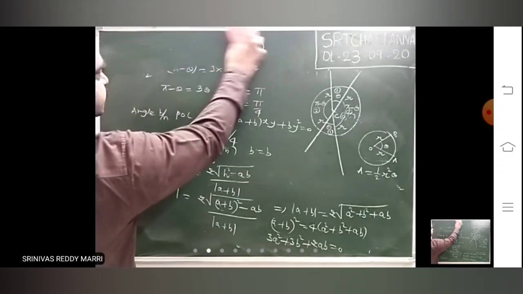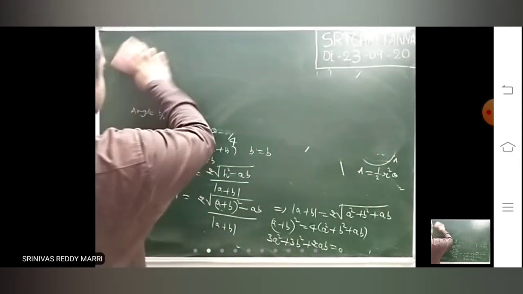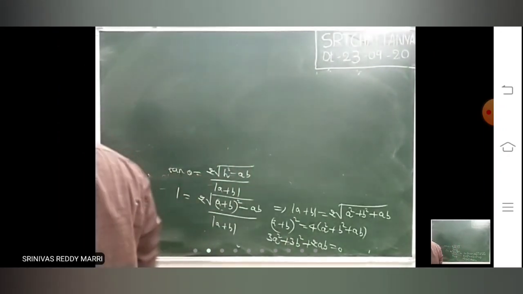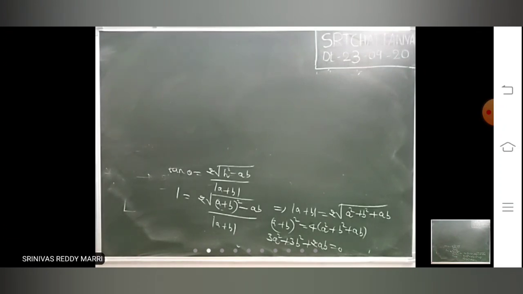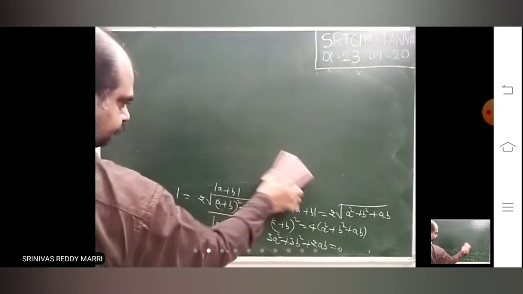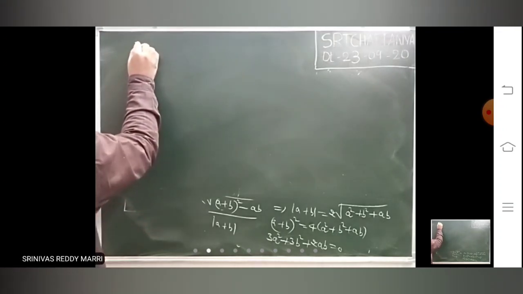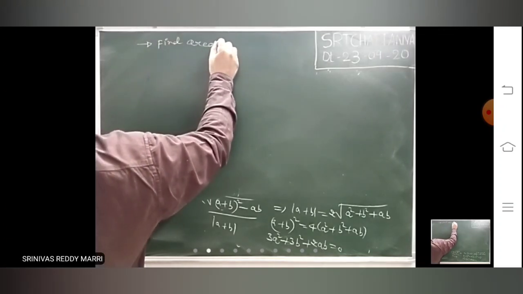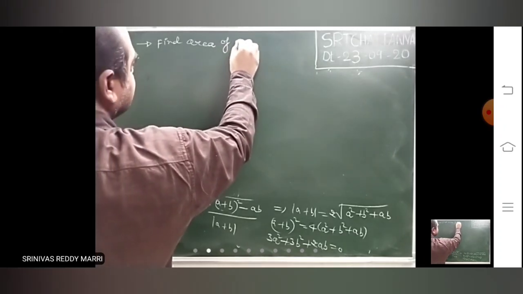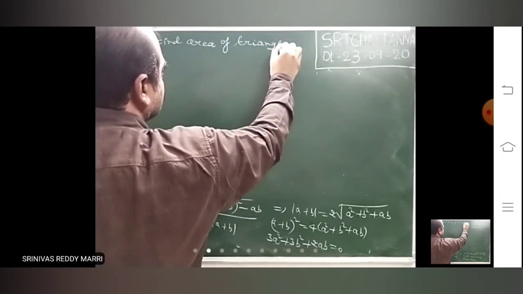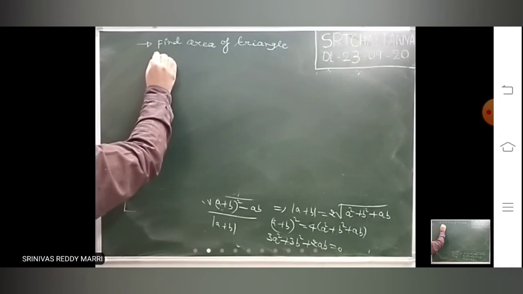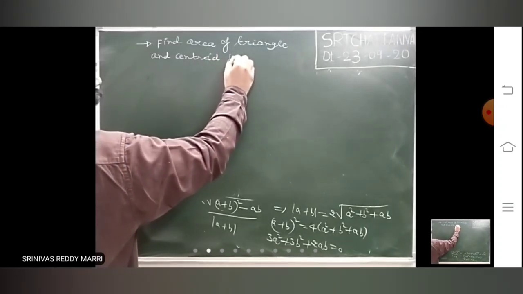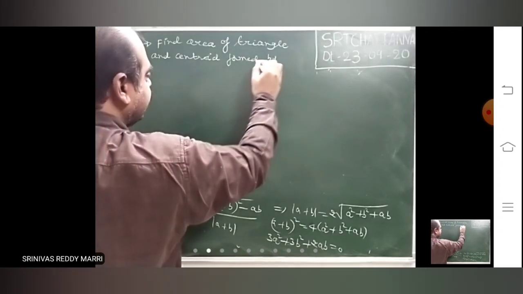So next, look at, find area of triangle and centroid formed by lines.